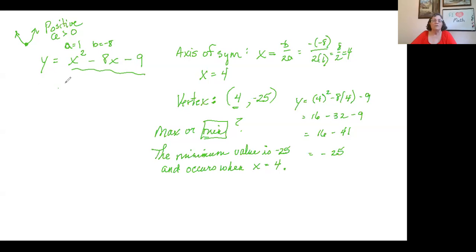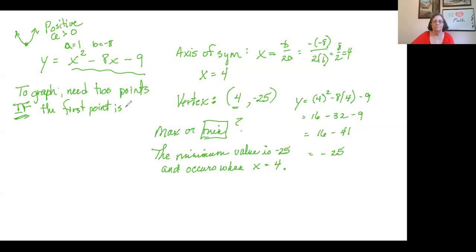If we need to graph this, we can find a couple more points. Now, in my math lab, you only need 2 points to graph a parabola, if the first point is the vertex.